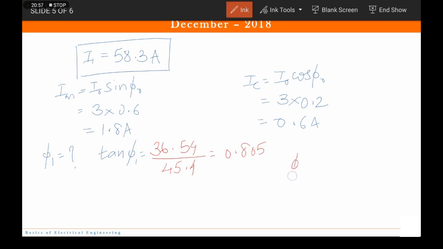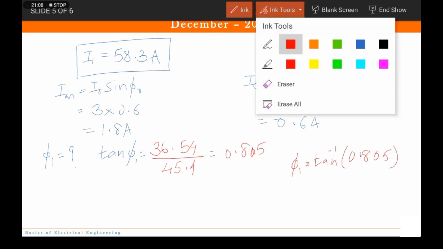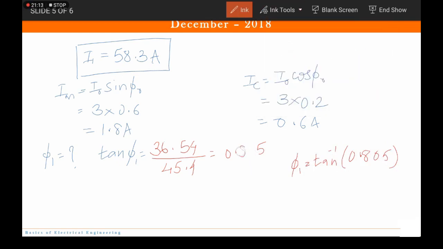So phi 1 comes out to be tan inverse 0.805, which is 38 degrees.